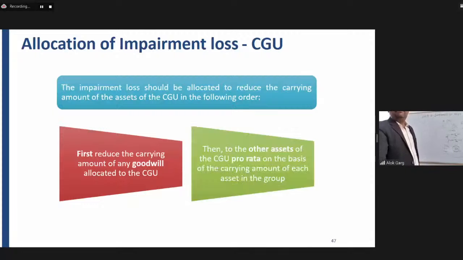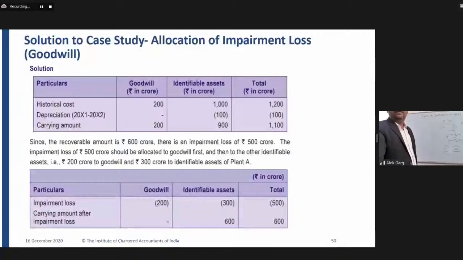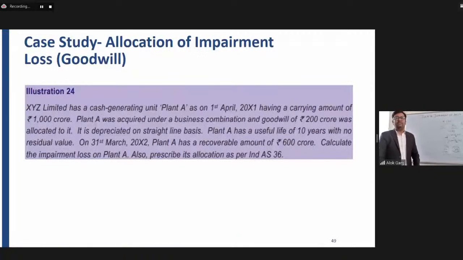We discussed this impairment loss allocation part. Illustration number 24. Page number, although it is also right on your screen.